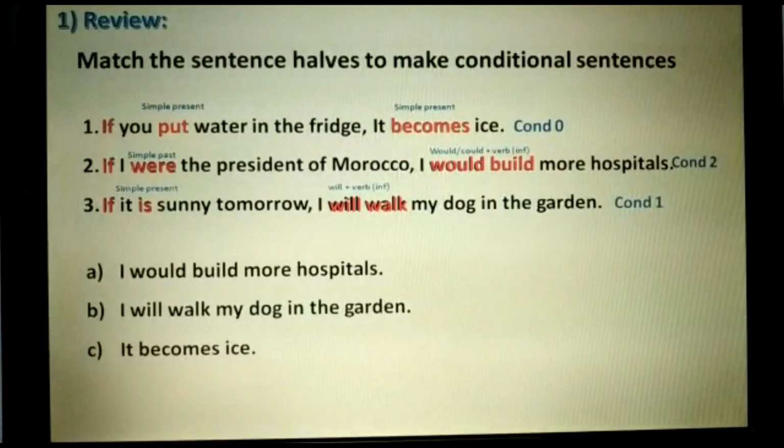Is it possible for me to be a bird? Of course not, because I am a human being. So as long as it is not possible for me to be a bird, it's not possible for me to fly. So this is the review of conditional type 2, 1 and 0.